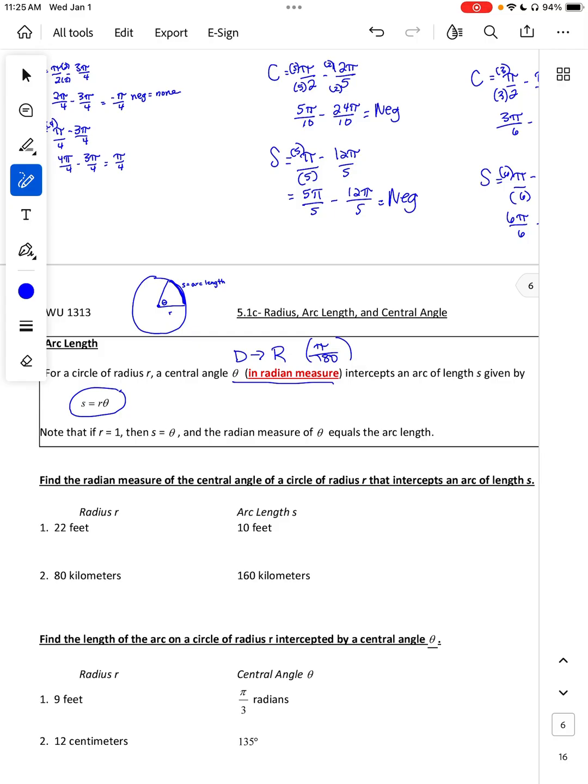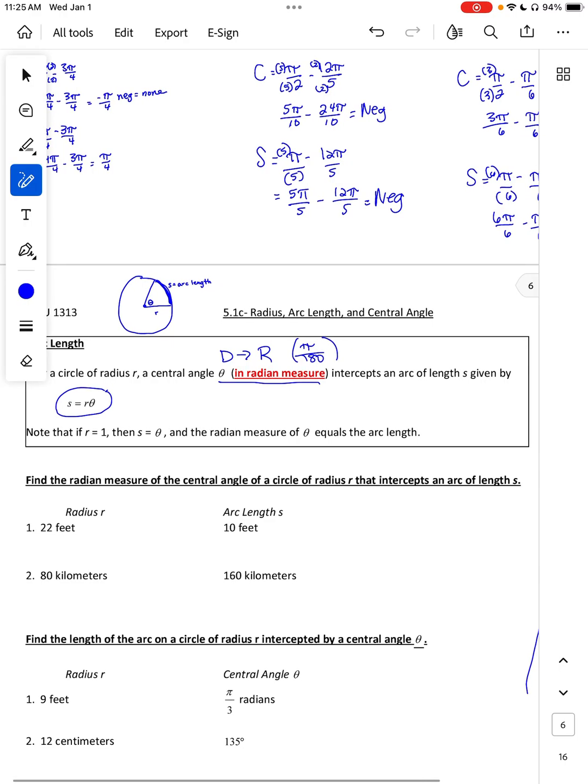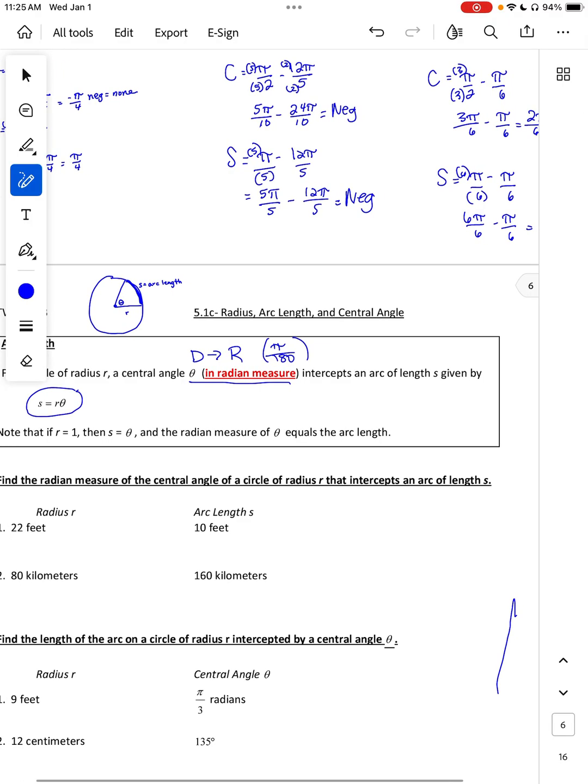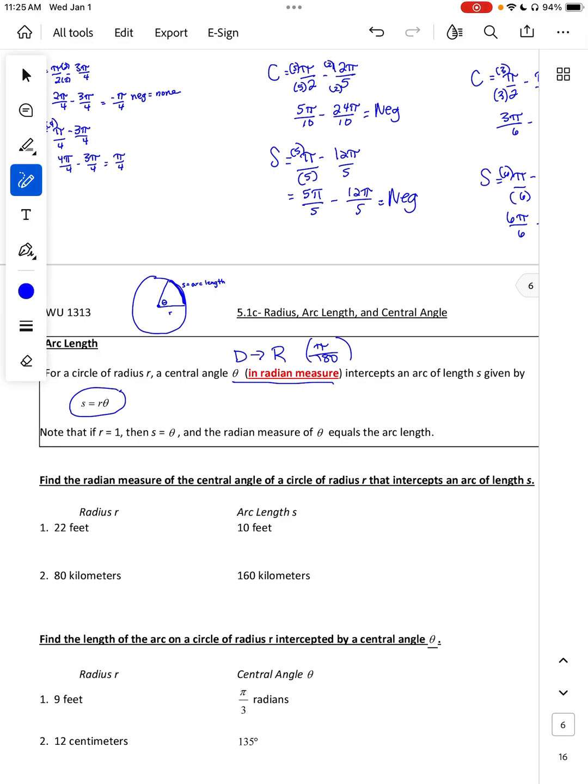Okay, so let's see what our first section contains. It says, find the radian measure of the central angle of a circle of radius r that intercepts the arc length s. So we have arc length s, radius r. We want to find theta, the central angle.